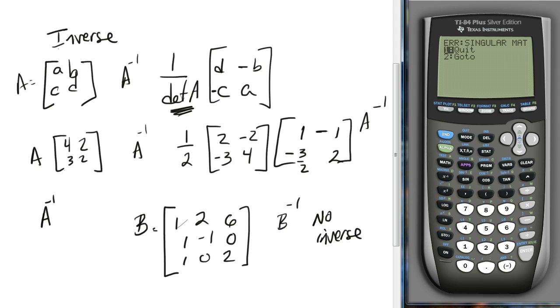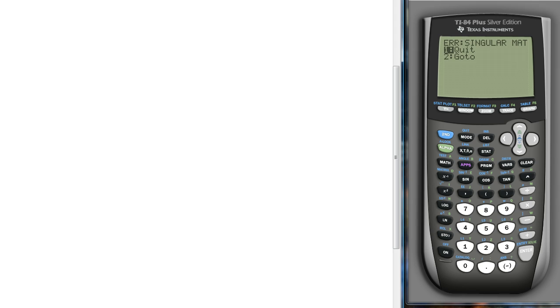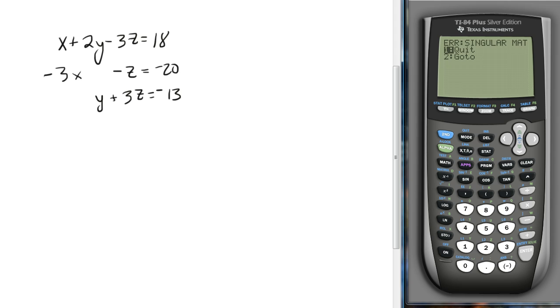Well, what's nice about inverse is you can use it to find solutions to matrix problems. So let's try the problem that we did before. Remember the problem we had a second ago? It's x plus 2y minus 3z equals 18, -3x minus z equals -20, and y plus 3z equals -13.